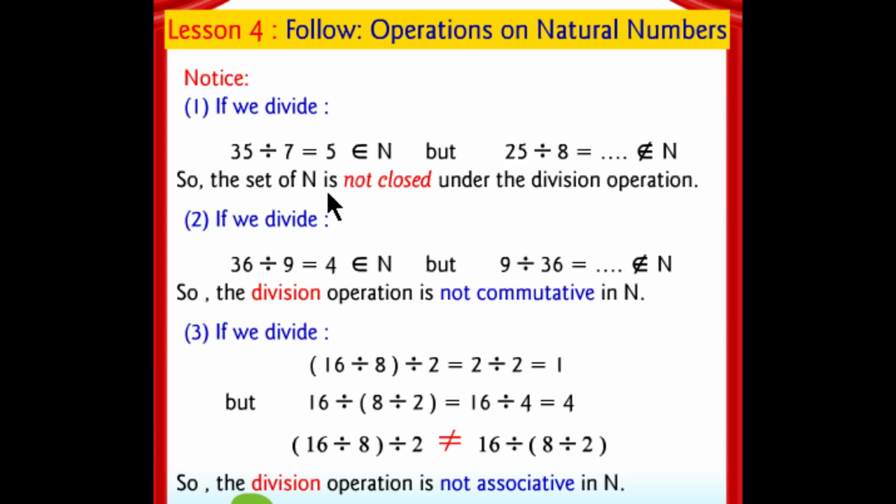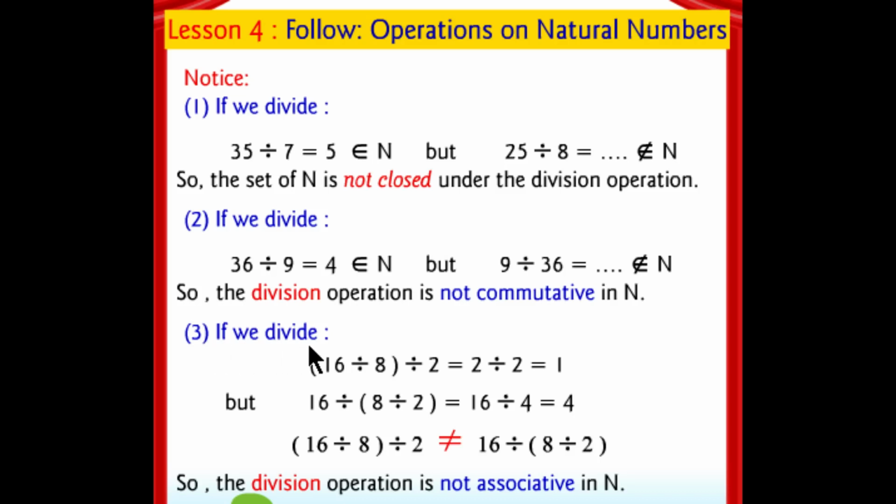So the set of natural numbers is not closed under the division operation. 2. If we divide 36 by 9 equals 4, which belongs to natural numbers, but 9 divided by 36 does not belong to natural numbers. So the division operation is not commutative in natural numbers.